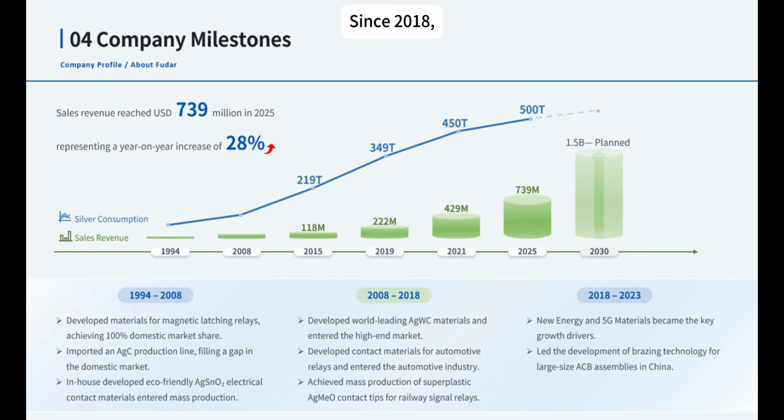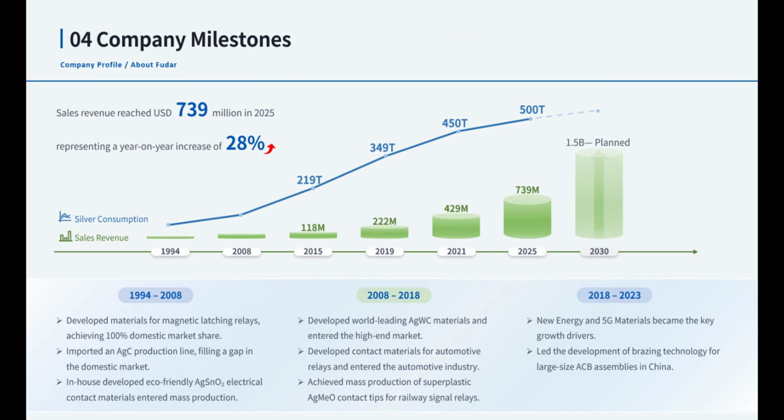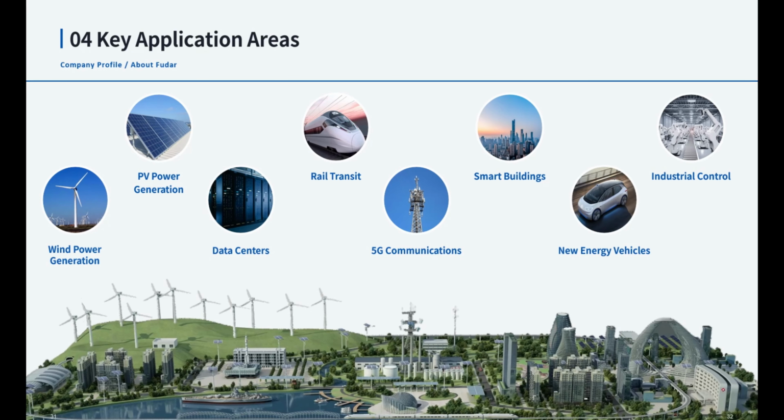Since 2018, new energy and 5G applications have become important growth drivers. We have also continued to develop products and manufacturing processes for large air circuit breaker assemblies. Building on this development, Fudar Alloy now serves a broad range of electrical and energy applications.